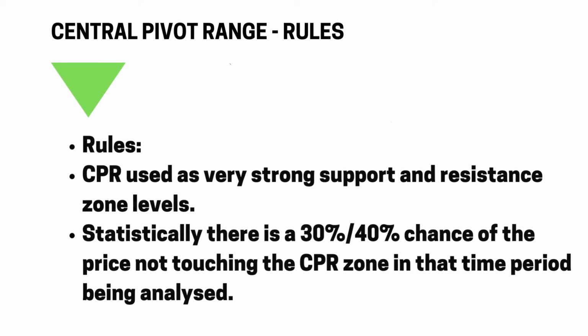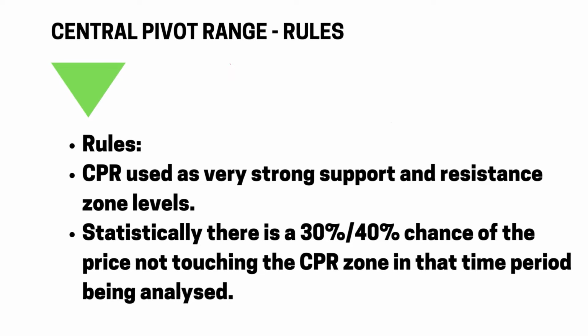As you might have seen or guessed from that example we looked at on GBP USD, these CPR lines are very good at highlighting strong support and resistance zones. Now statistically there's about a 30-40% chance of the price not touching the CPR zone in that time period being analysed.